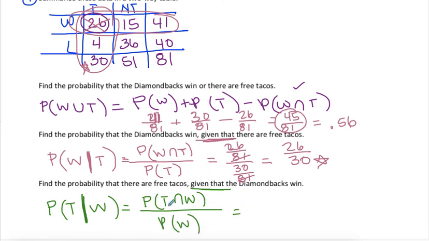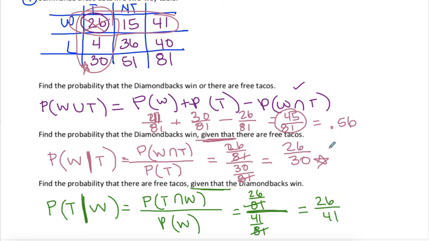The probability of tacos and wins is still going to be our 26 out of 81, divided by the probability of a win, which is 41 out of 81. Denominators cancel out, and we're left with 26 out of 41.